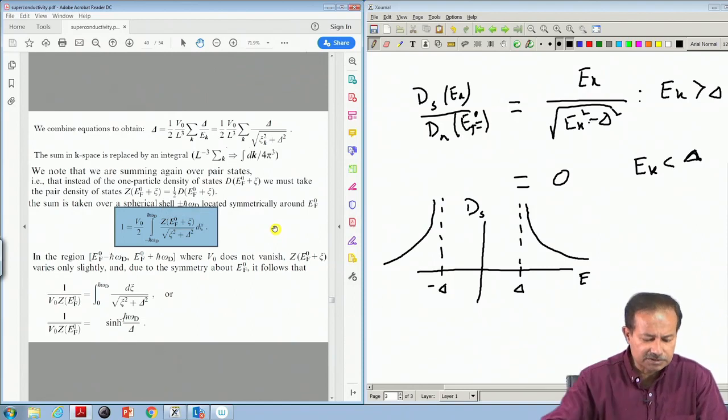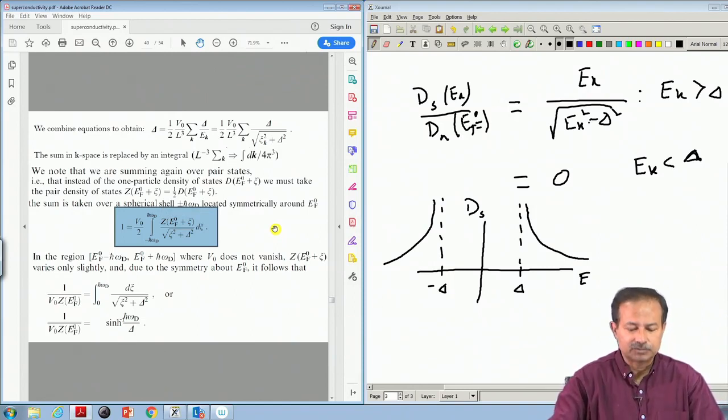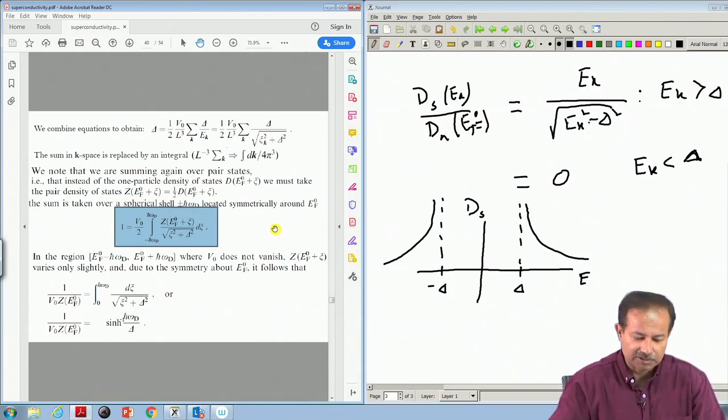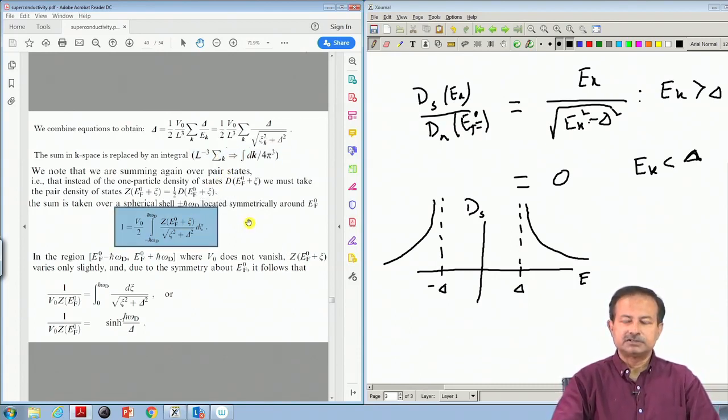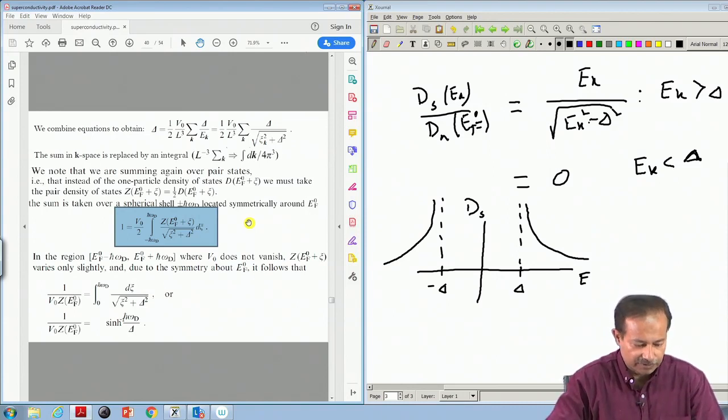Convert this k sum to an integral as we have done so long, and then to a density of states integral, and then replace the density of states by its Fermi level value, which is a trick we have been doing all the time.